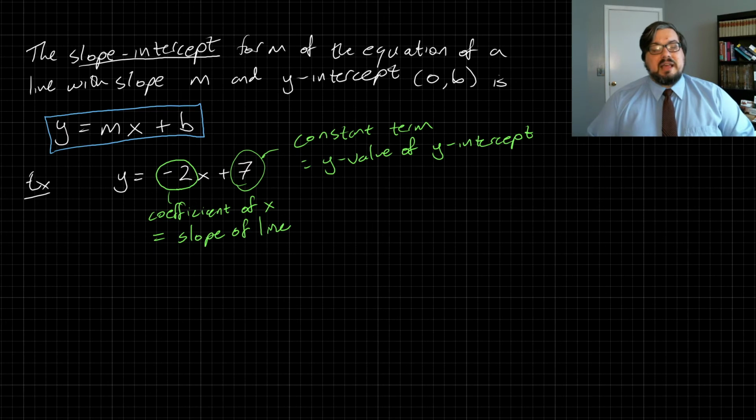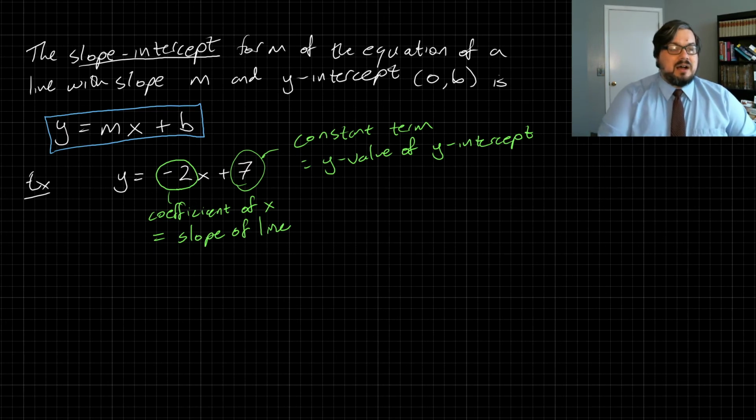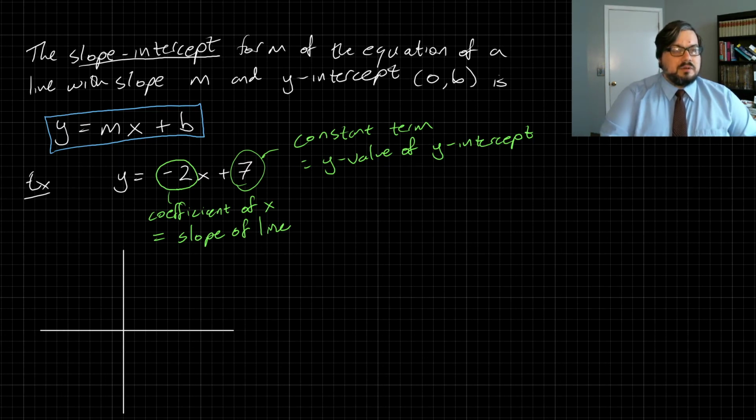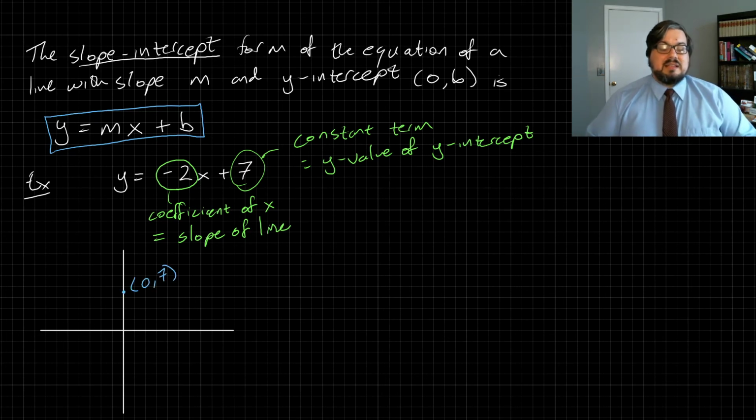And so we can say that this equation that we've got has a solution set, which is a line, and that we can sketch out approximately. We can say that it's going to have a y-intercept of 0, 7. 7 because that's the constant term in the expression on the right.